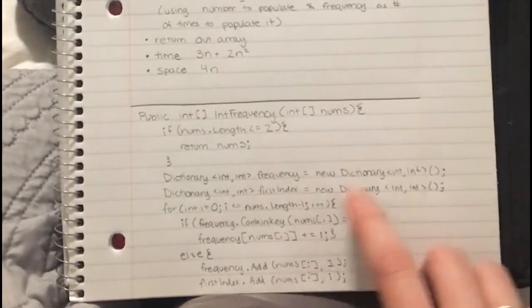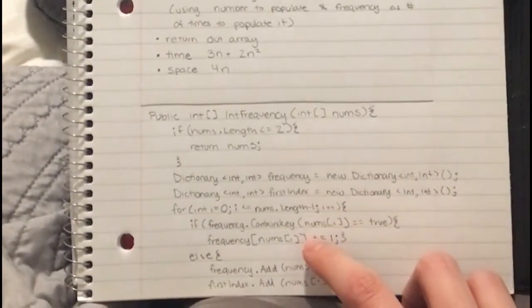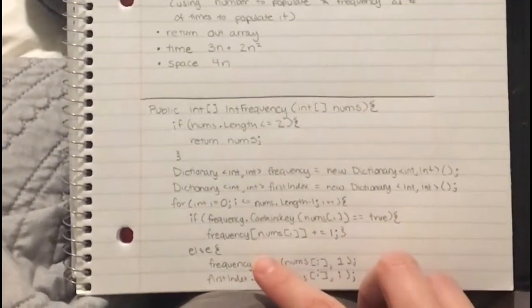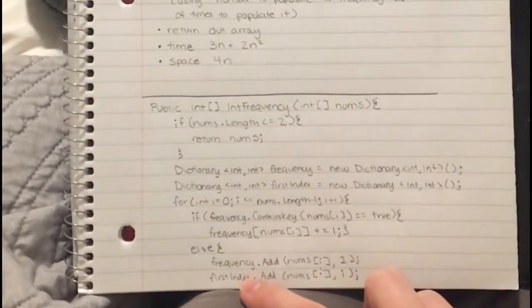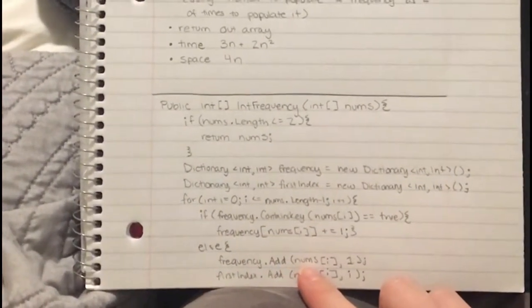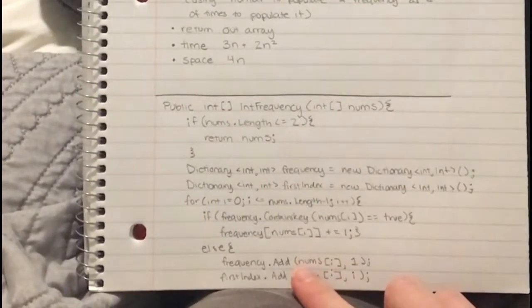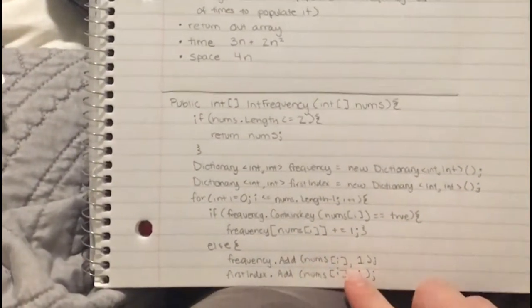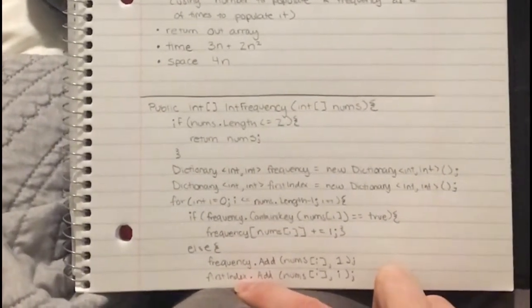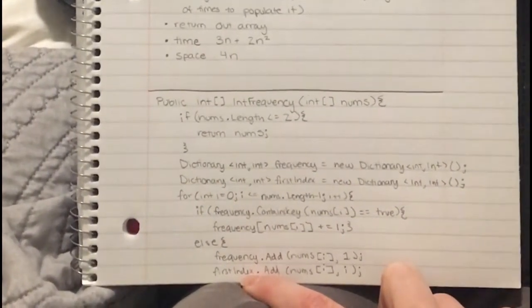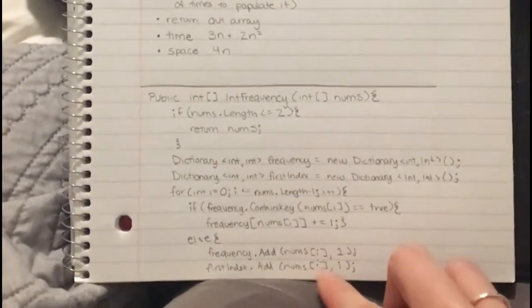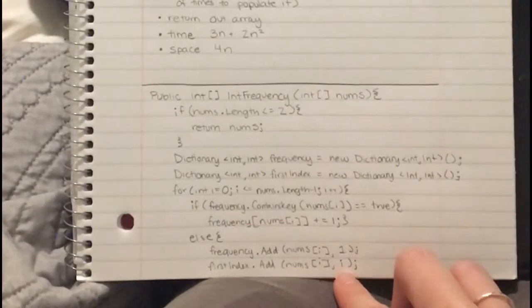So if frequency already has the number, then we're just going to increase the value by 1. And if it does not already contain that key, then we're going to add the number as the key and 1 as the value. And we're going to add to the first index dictionary as well with the number and the index.